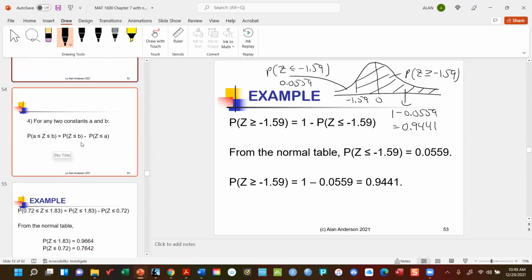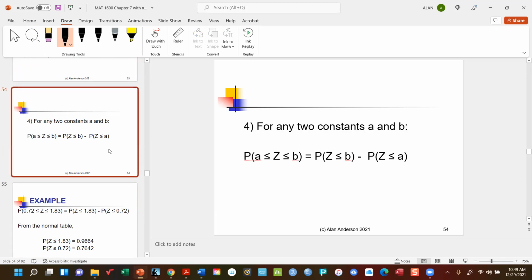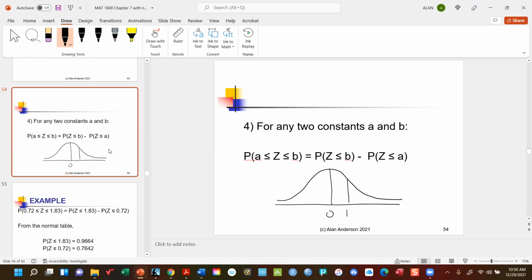What if, for example, I want to know the probability that z is between 1 and 2. Oh, now that's a tricky one. Well, we're not going to find this in the table, that's for sure.